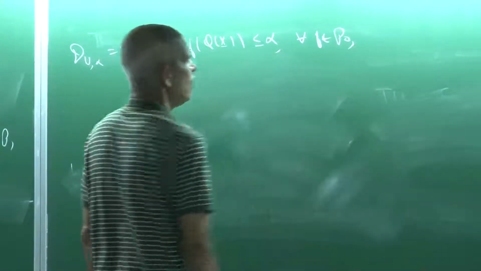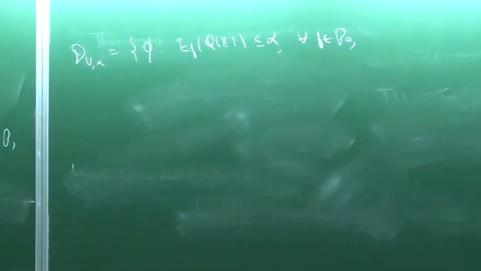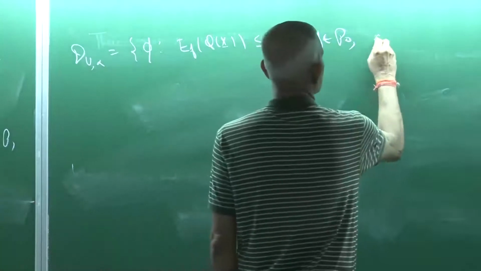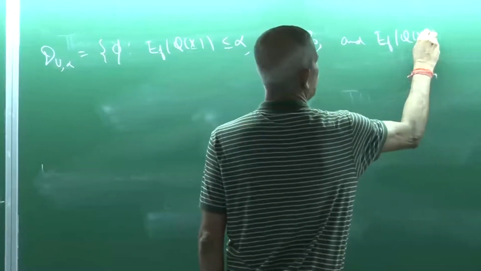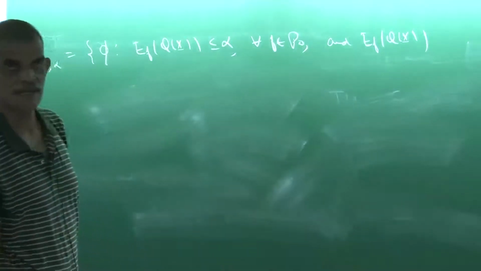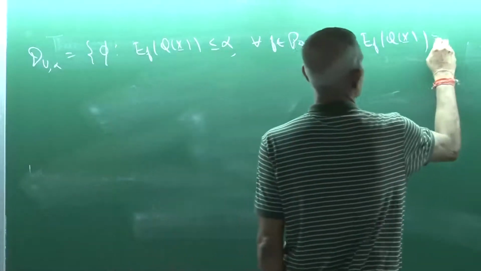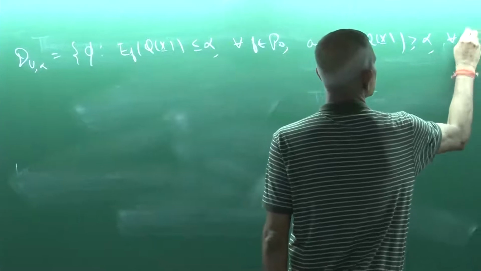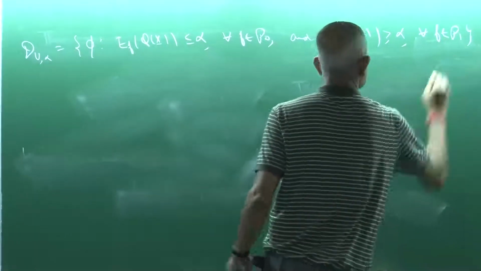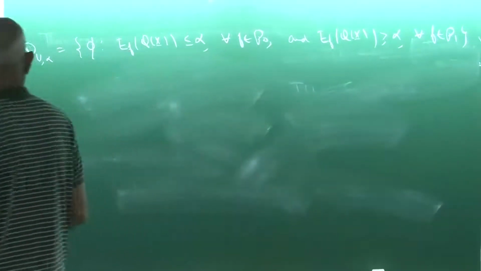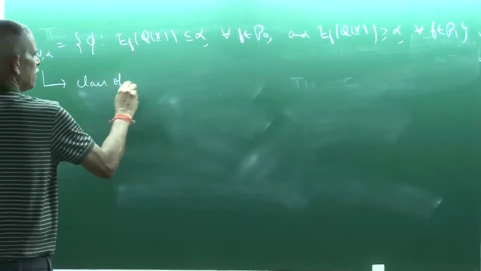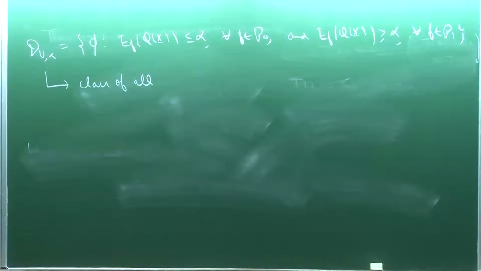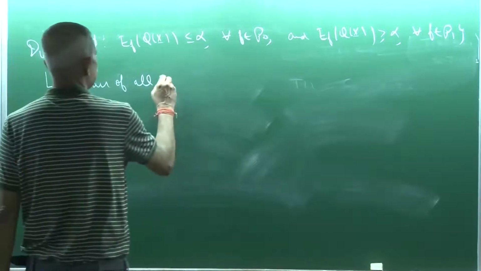That means all those tests which have level alpha, and for them the power, which is the expected value of phi(X) when f belongs to P1, is always greater than or equal to alpha. So this is the class of all unbiased tests of level alpha.